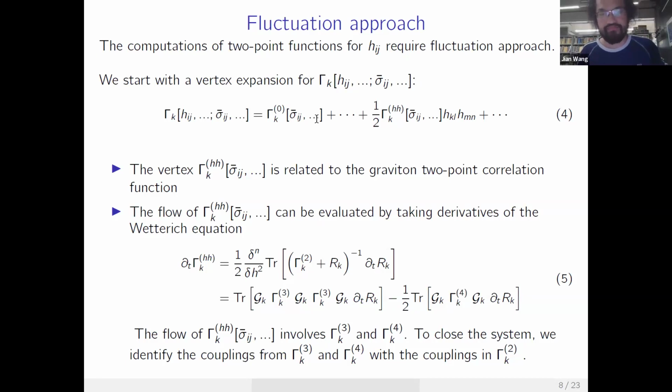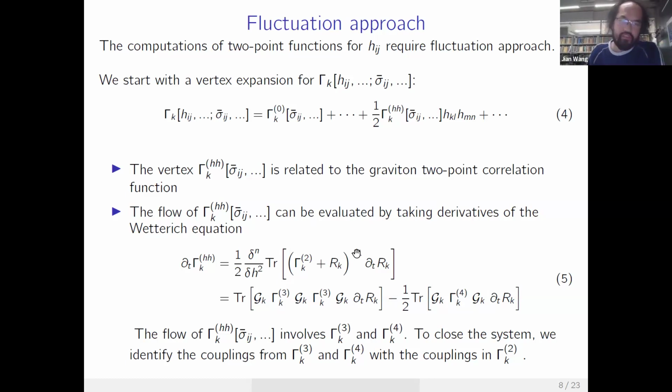Here I only wrote down the zero-order term and the term quadratic in the gravitons, but in general there should be an infinite series of terms. In this talk we are focusing on the term quadratic in the h fields. The coefficient in this term is related to the graviton two-point correlation function.